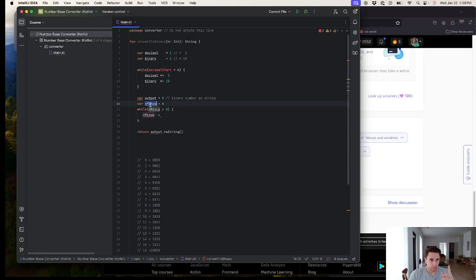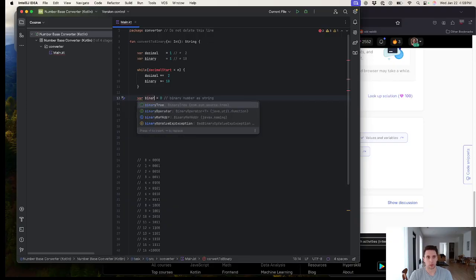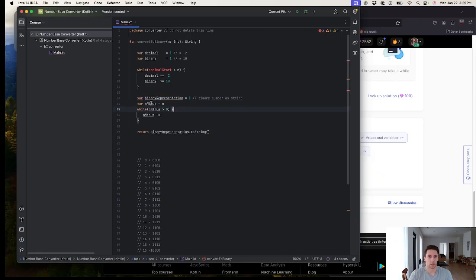So let's do this, and then equals n. Minus equals decimal.